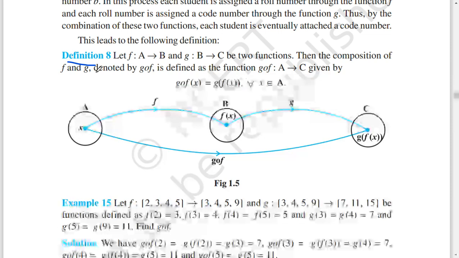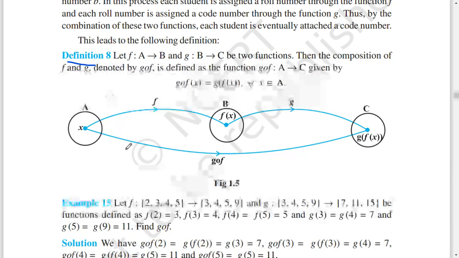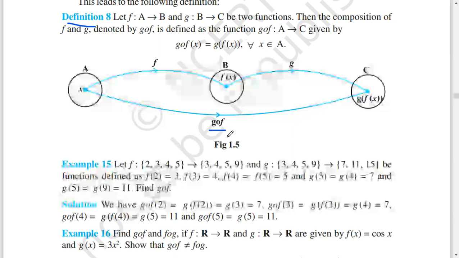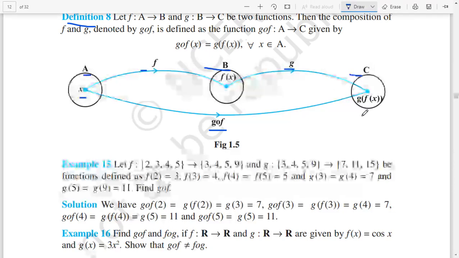Then the composition of f and g, denoted by gof, is defined as that function gof: A → C given by gof(x) = g(f(x)) for all x belongs to A.